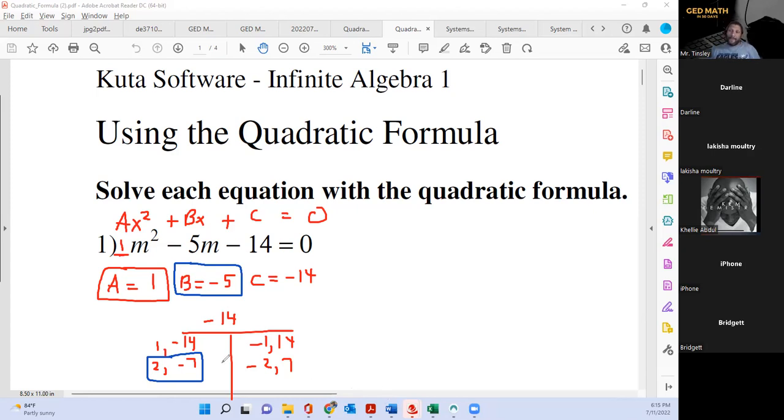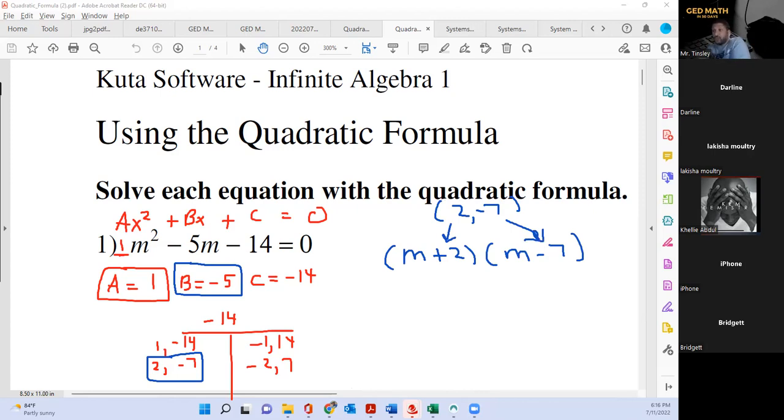So I found my pair that's going to give me -5, 2 and -7. So I'm going to take that 2 and -7, the variable is m, I'm sorry, m plus 2 and then m minus 7. I just took this 2 and this -7 and put them right here.